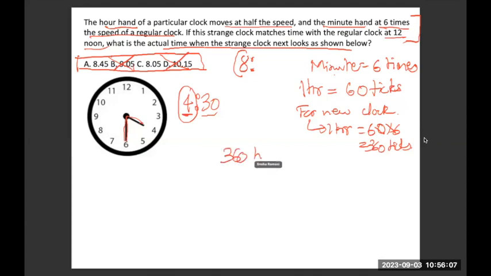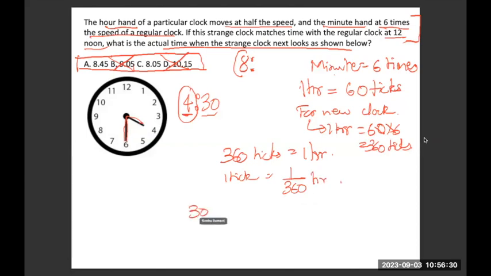So here I am establishing 360 ticks is equal to 1 hour. I know 1 tick is equal to 1 upon 360 hours.